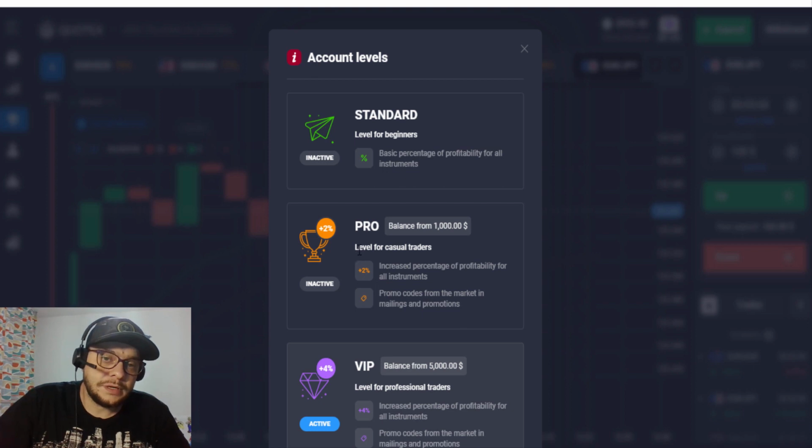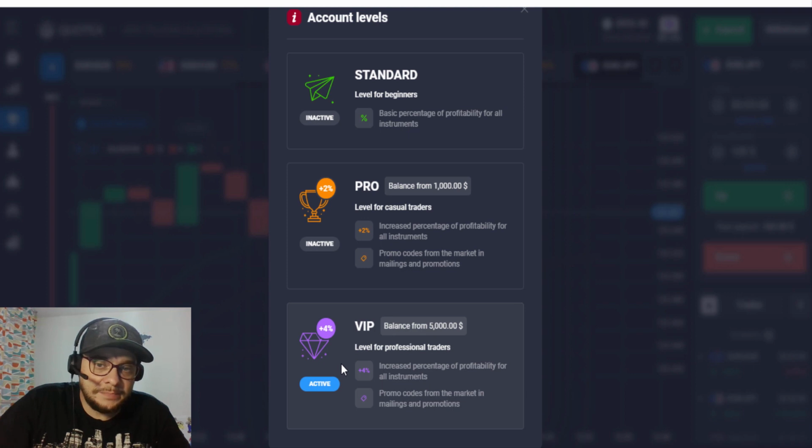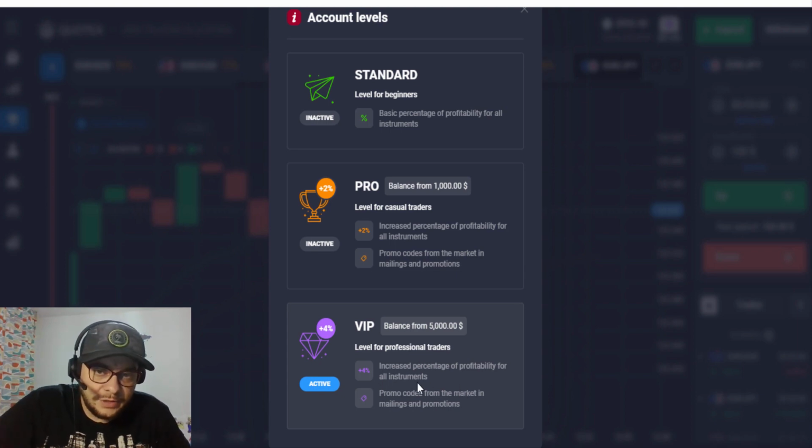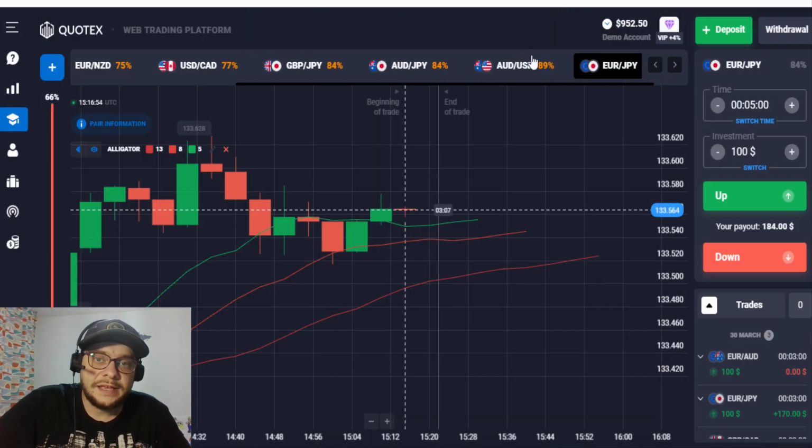Pro is from $1,000 to $5,000, and you will have a 2% increased percentage of probability on all instruments. And the VIP level, which is from $5,000 and more, and you will have a 4% increased percentage of probability for all instruments. That means here on return on investment you will have 4%.